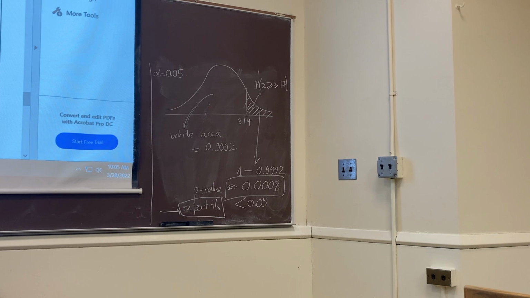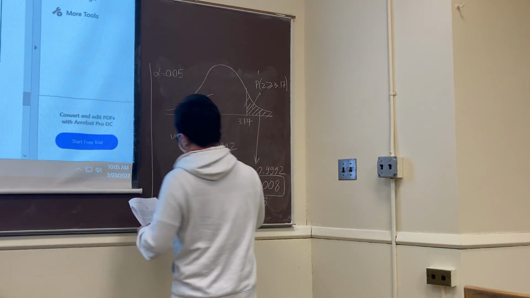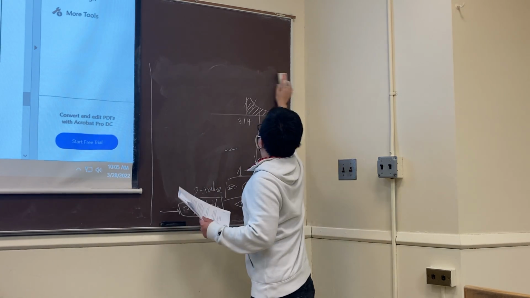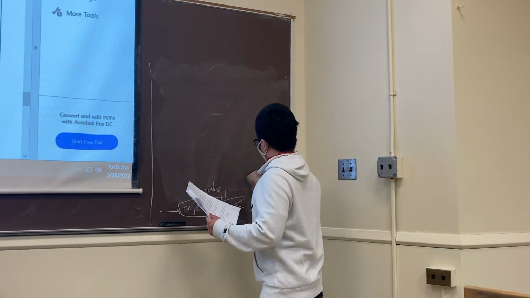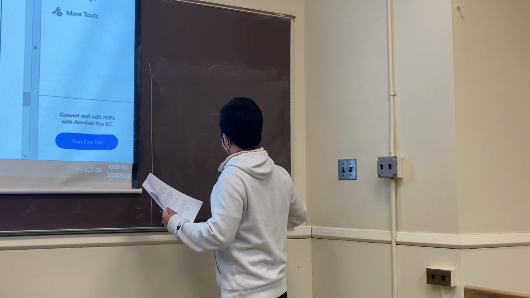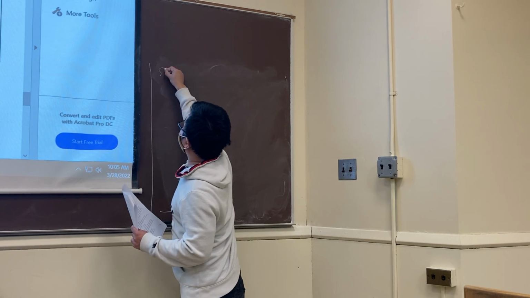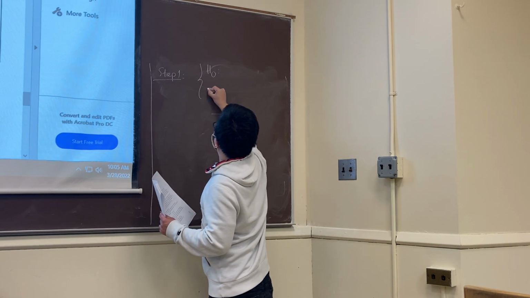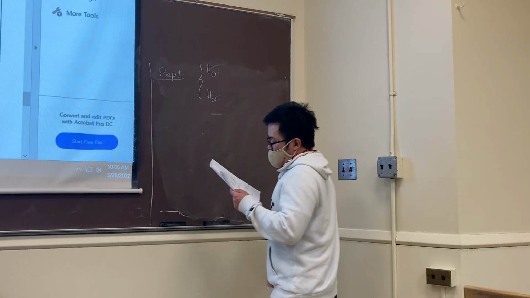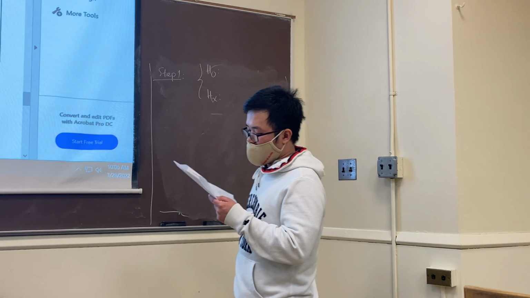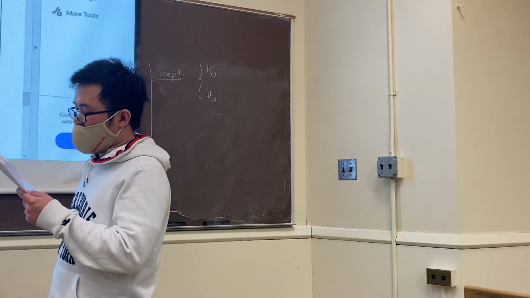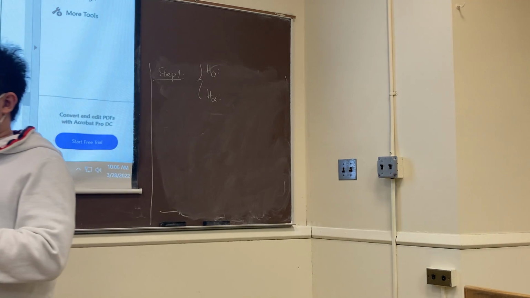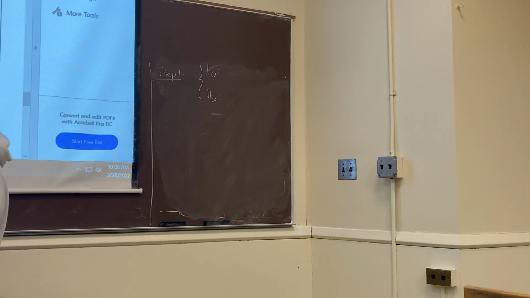So the first step here, we need to state the null and alternative hypotheses. Step 1. We will check H0, what is alpha, and what is the alternative hypothesis?